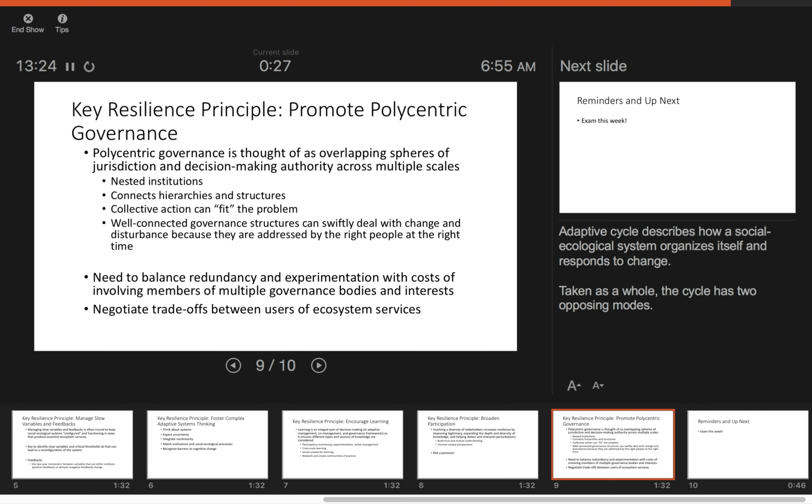So you think about a community-based conservation institution nested within a regional or landscape institution, which is also nested within a national institution. This type of thinking connects hierarchies and structures, and really starts to address the challenge of fit. So how do we fit management and decision-making institutions with the scale and the boundaries of ecological problems?